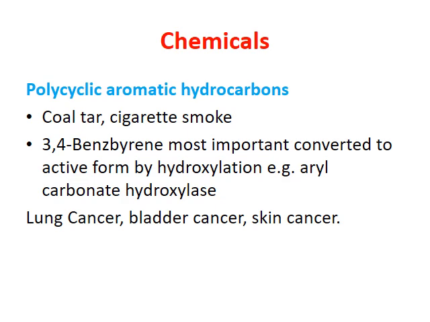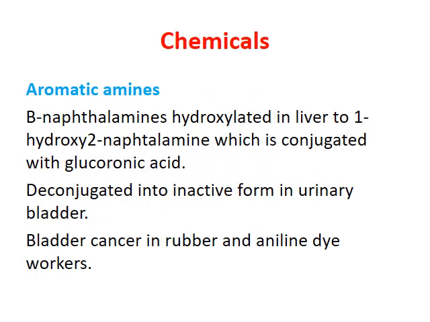There will be hydroxylation so that the inactive component will be converted into the active product in order to produce certain types of cancer like lung cancer, bladder, skin cancers, esophageal cancer, different types of cancer associated with smoking.